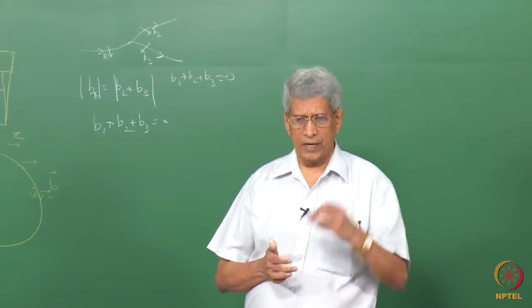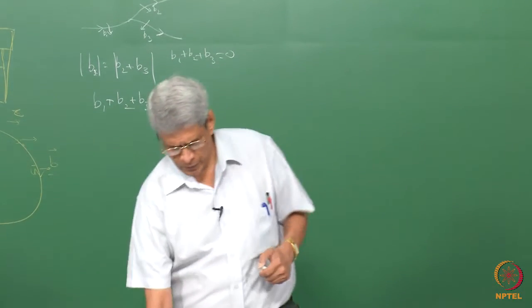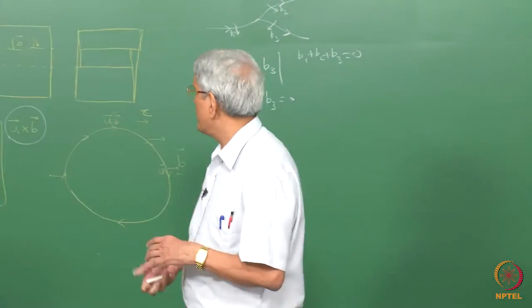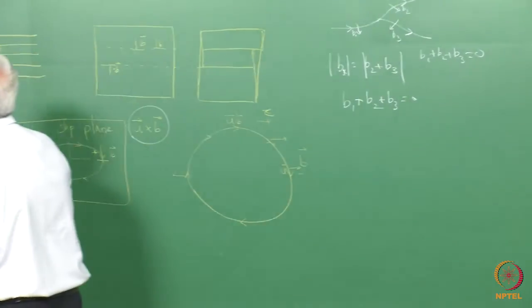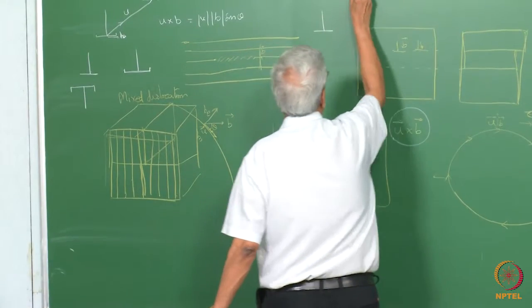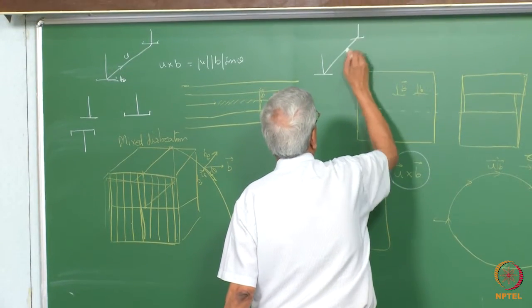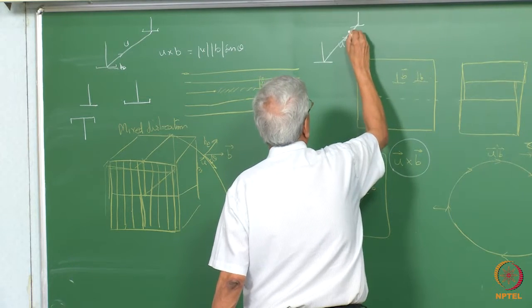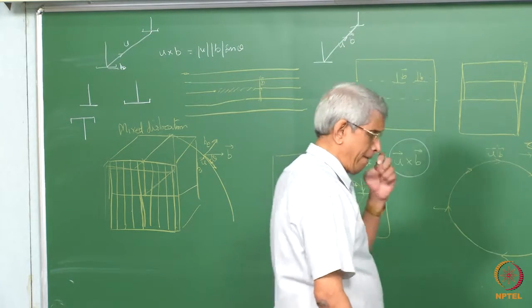In the case of a screw dislocation, if you take the cross product, it is going to be 0, because U as well as B are in the same direction.